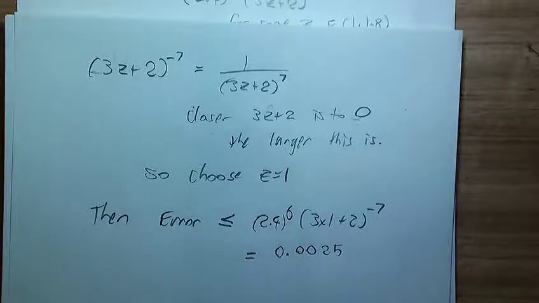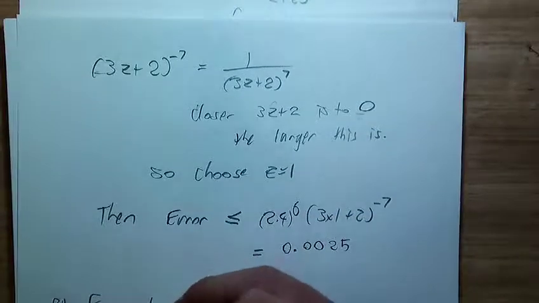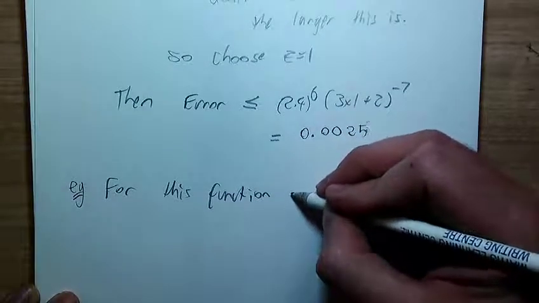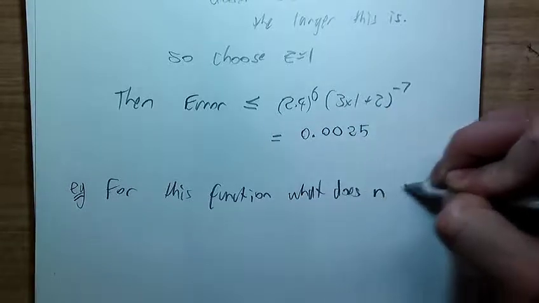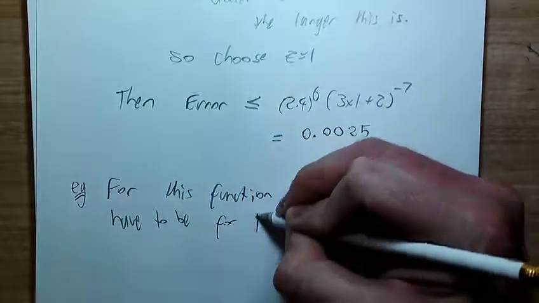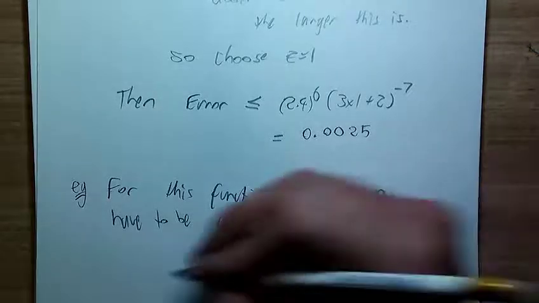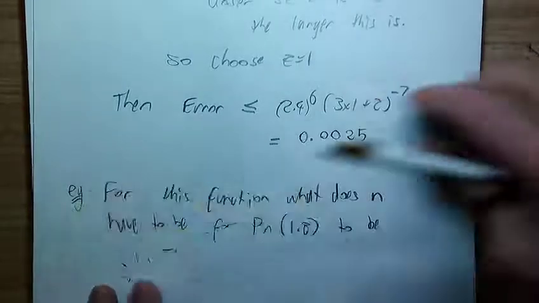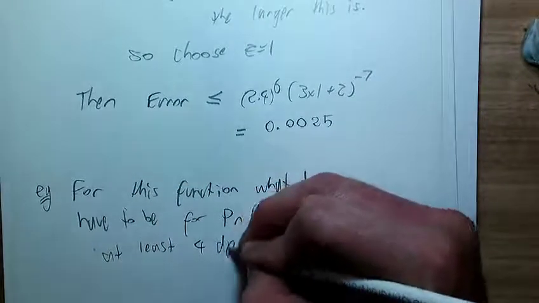Okay, another question one could be asked is, for this function, what does n have to be for Pn of 1.8 to be, maybe not better than, at least 4 decimal place accuracy?